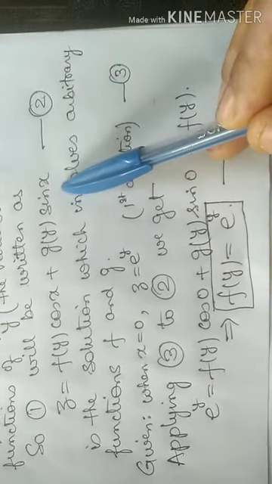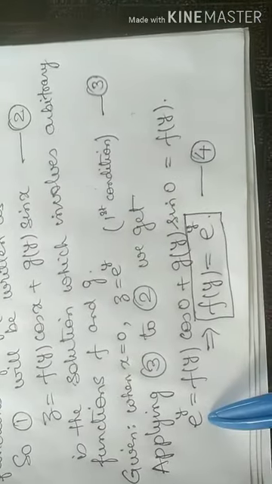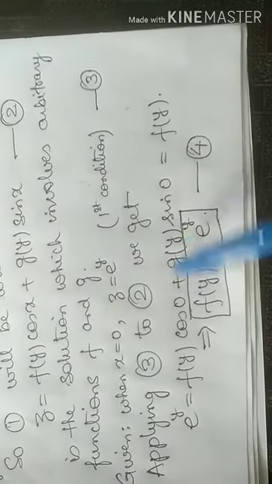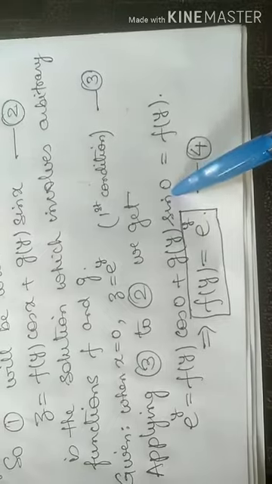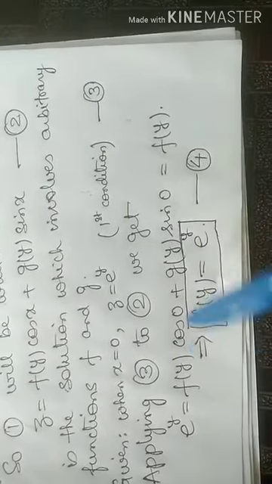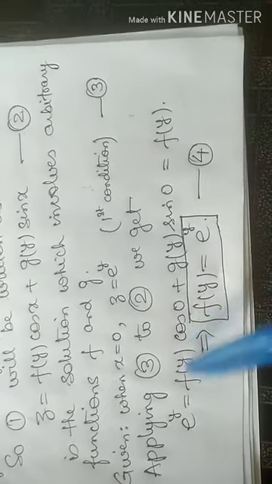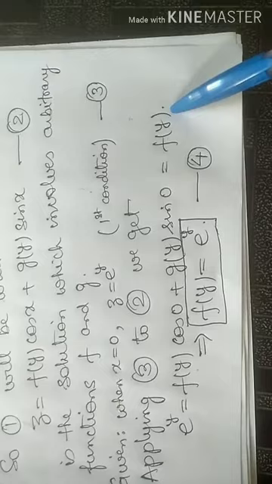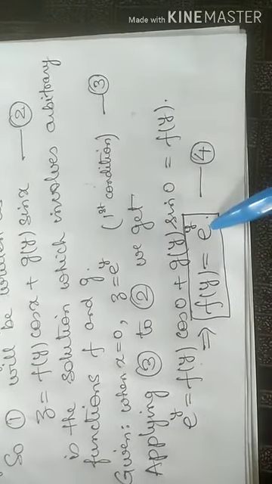So in place of z, we write e^y = f(y) cos 0 + g(y) sin 0. Now sin 0 is 0, cos 0 is 1, so this term cancels and this term becomes just f(y). So the value of f(y) is e^y.